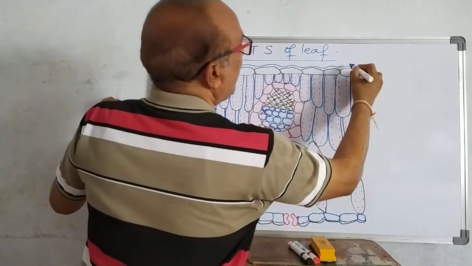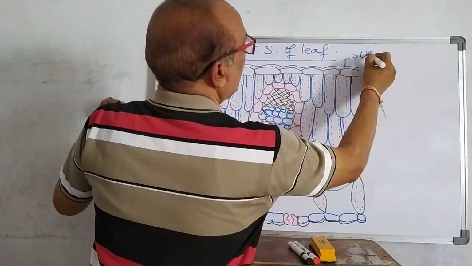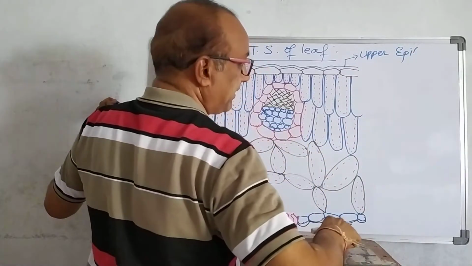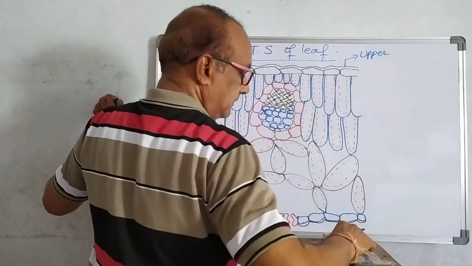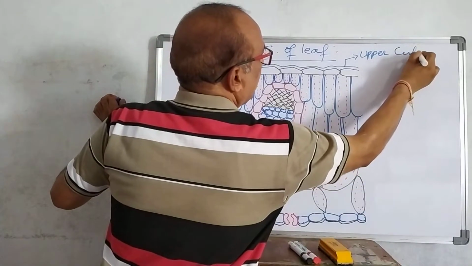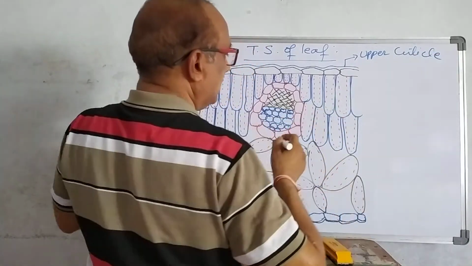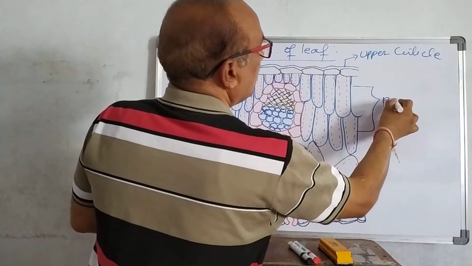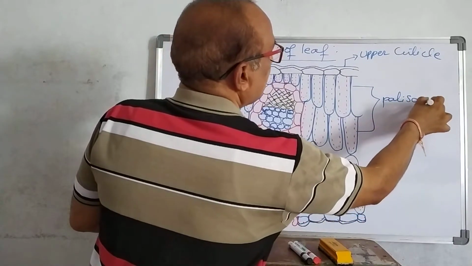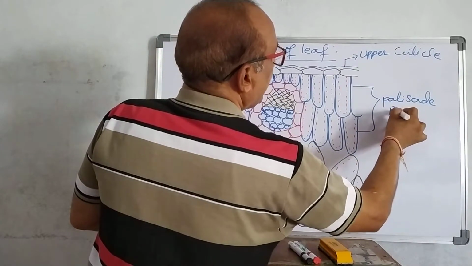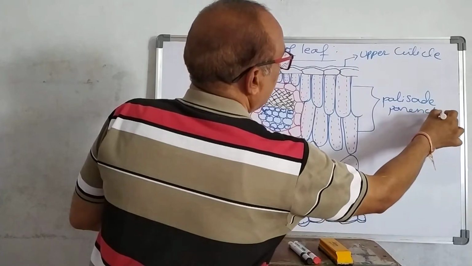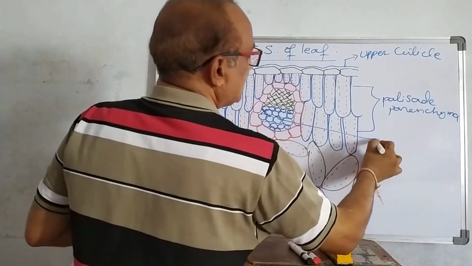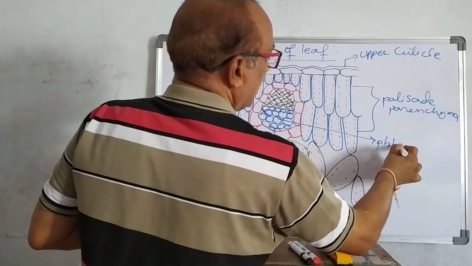Now I am labeling the parts. This is called upper epidermis, upper cuticle, and this tissue is called palisade parenchyma. And this tissue is called phloem.